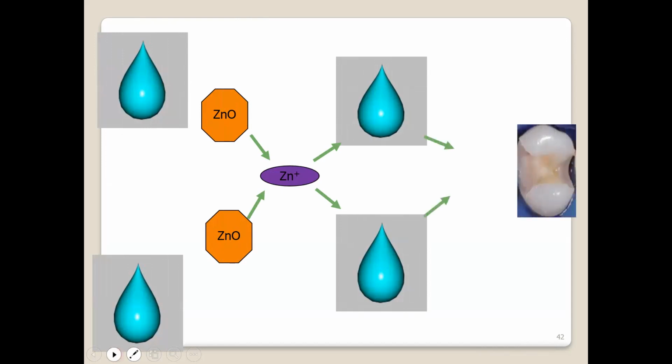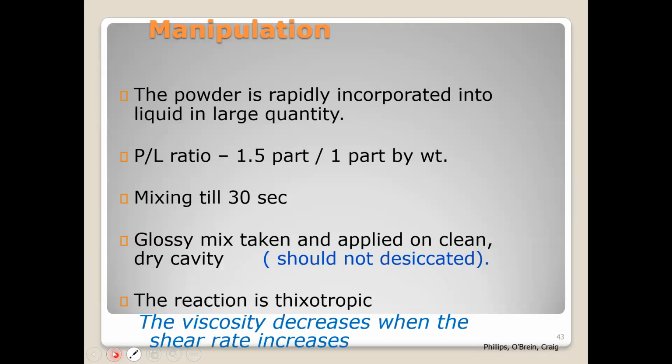Then there will be kind of a cross-linking between the various polyacrylic acid chains, and then it is going to set to a hard mass. So the powder is rapidly incorporated into the liquid in large quantity as opposed to the incremental approach that we were taking for zinc phosphate cement.